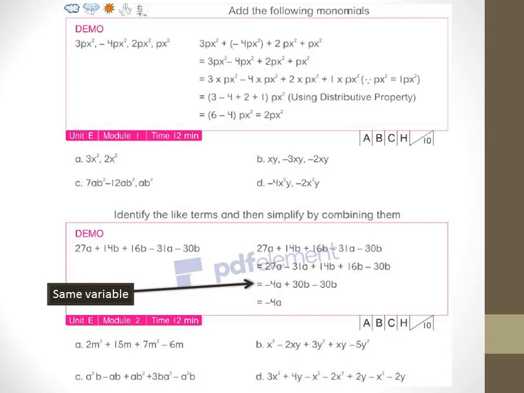Here we are arranging all the terms that contain the variable a on the left hand side, and after that only we are writing all the terms having the variable b. Then we are proceeding with the calculation. I am saying again, pause the video, do these problems yourself.